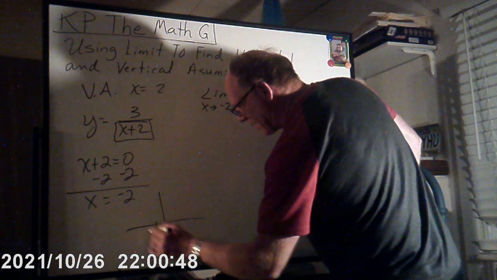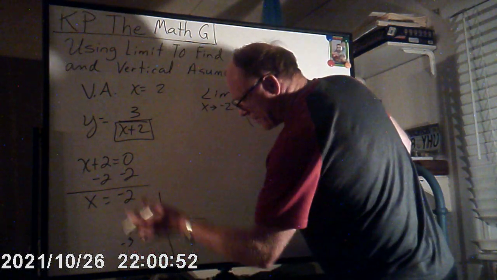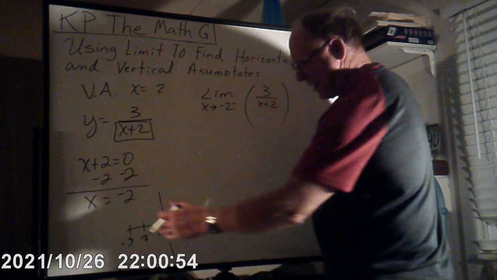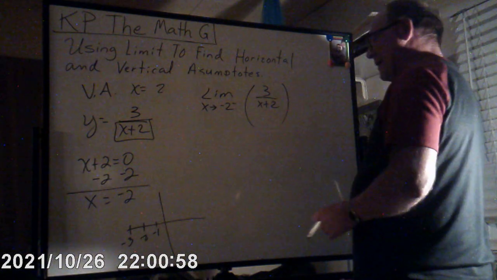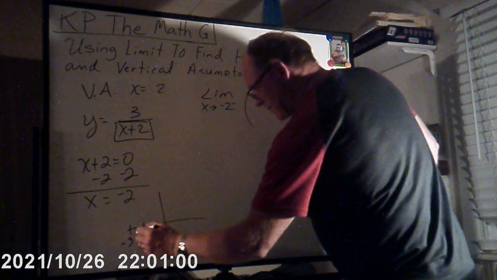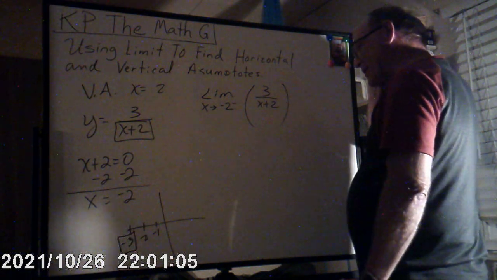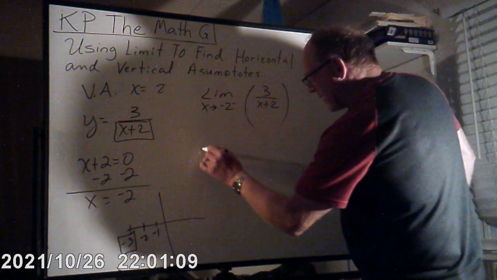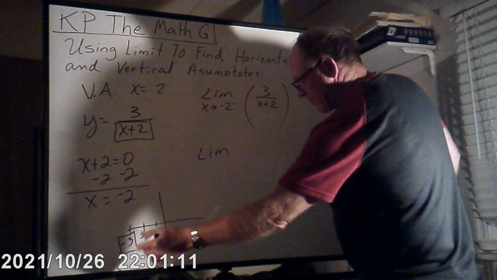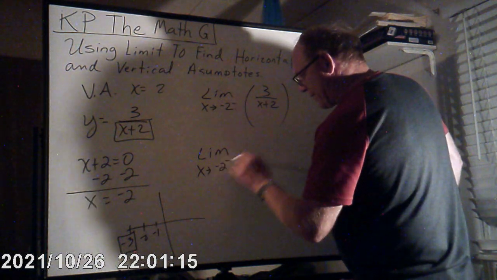Here's -1, here's -2. Tell you what, let's pick -3. We could pick -2.00001, whatever we wanted to, but we want to just pick a negative number. Let's see what that's going to be for us. I like to pick something pretty close as x approaches -2 from the left.